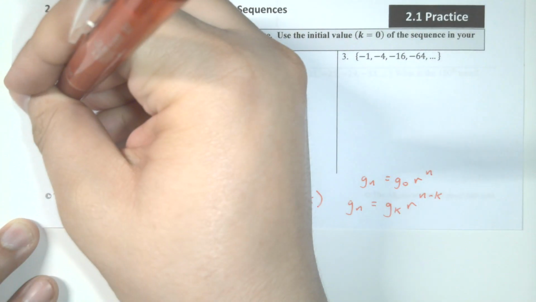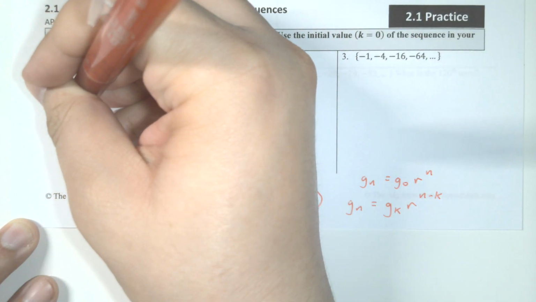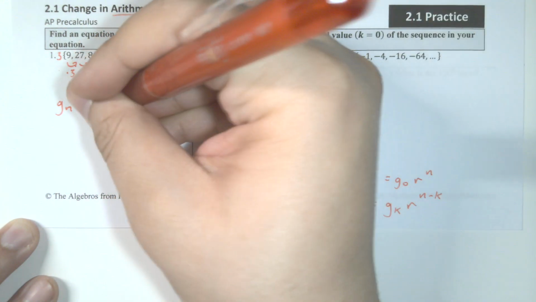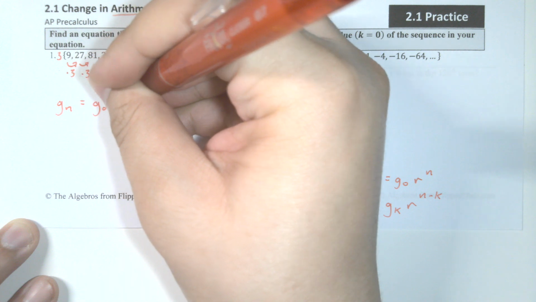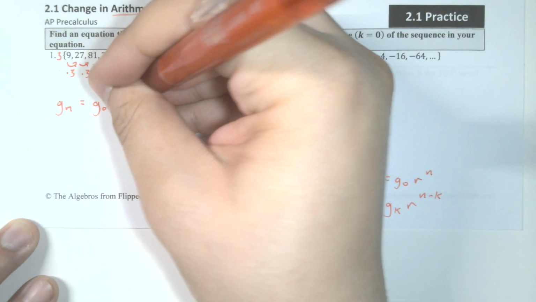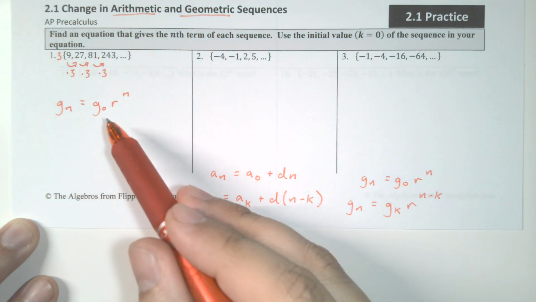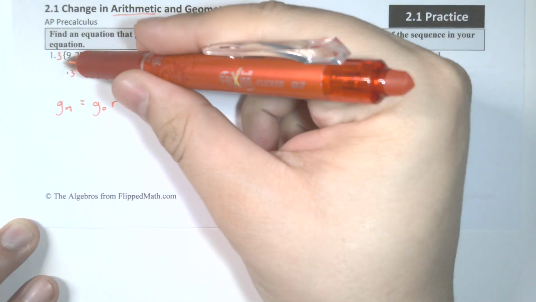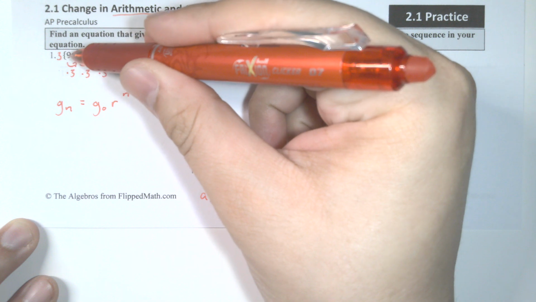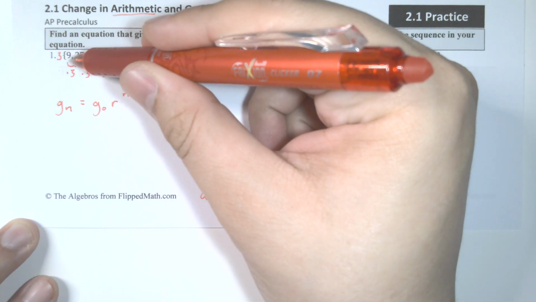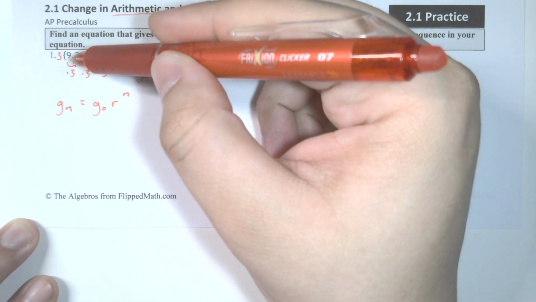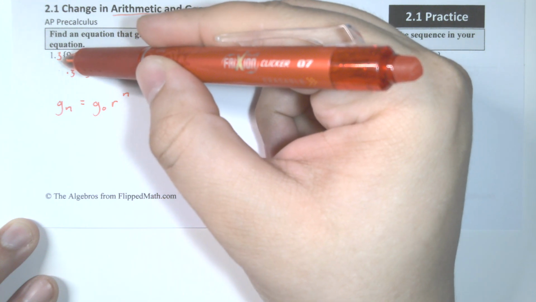So we have a geometric sequence, and using the formula g sub n is equal to g sub 0 times our common ratio to the power of n. Well, g sub 0, remember, is equal to the term before the first one. These sequences are always starting at g or a sub 1. So g sub 0 is going to be this 3.